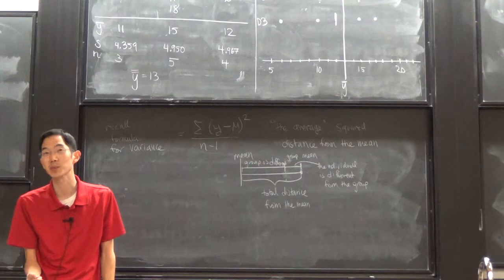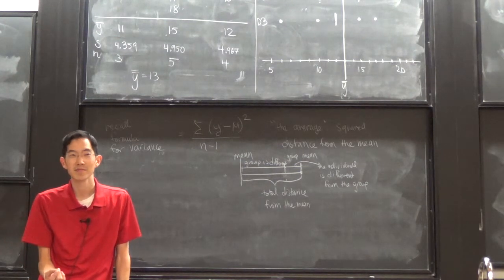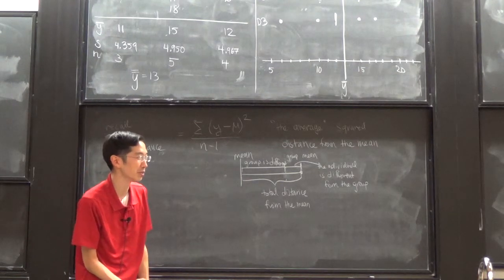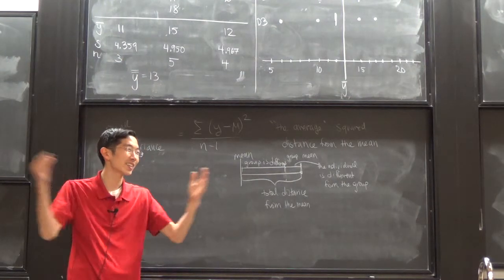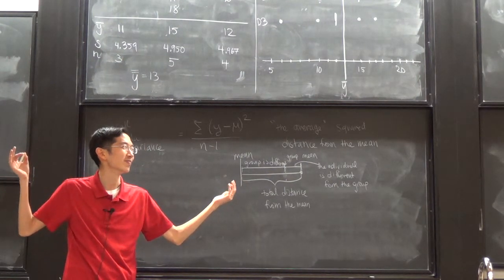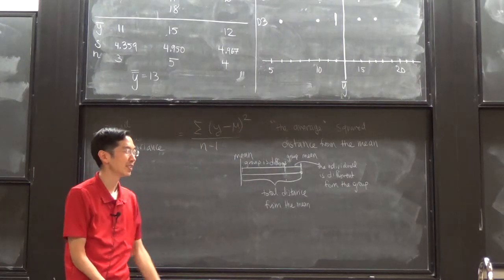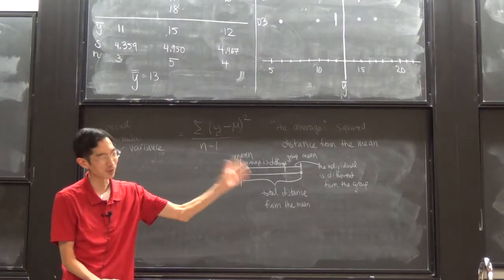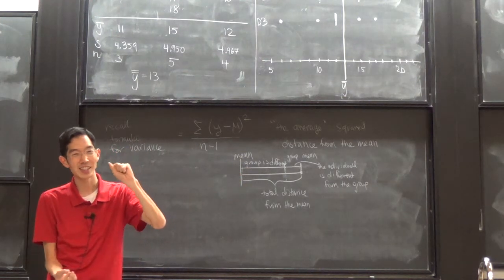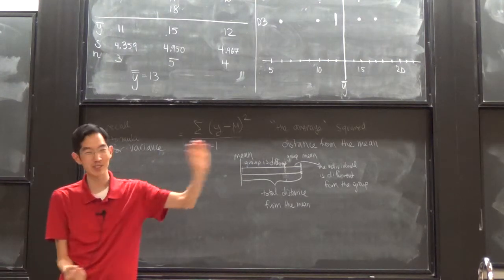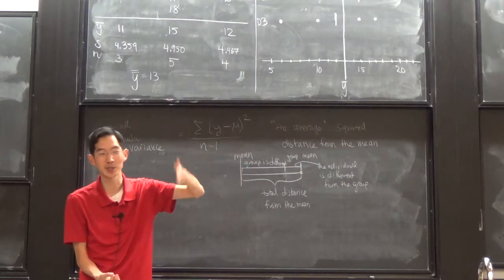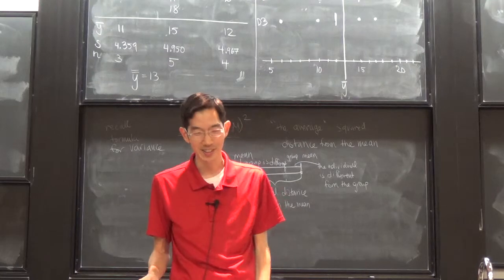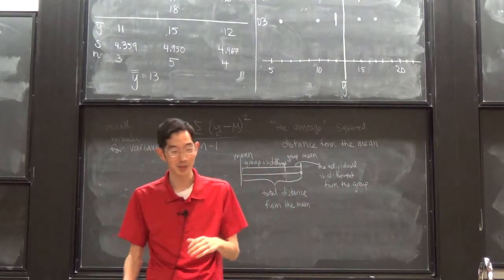Let me think of an example here. This might not be a good example, but I'm going to go with it anyway. Let's say we could assign some number to your political ideology. There's all sorts of flaws with this to begin with, and I recognize that politics is multidimensional.